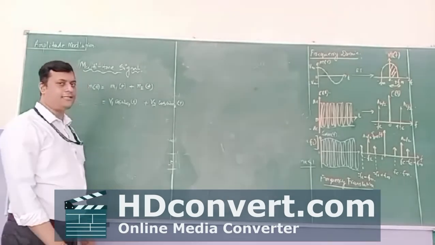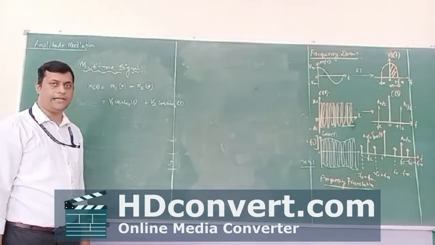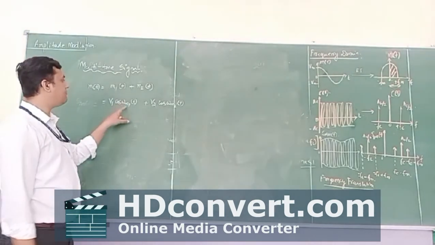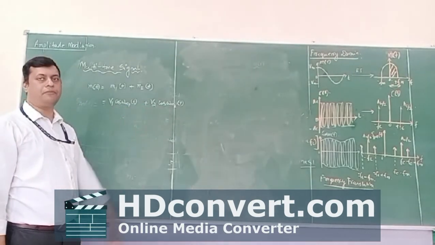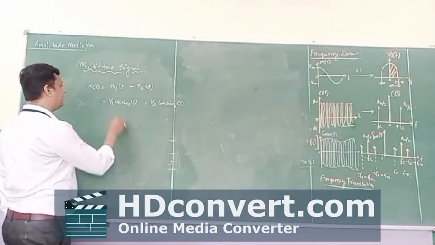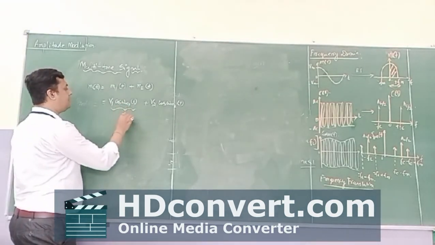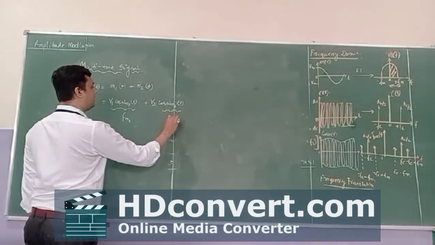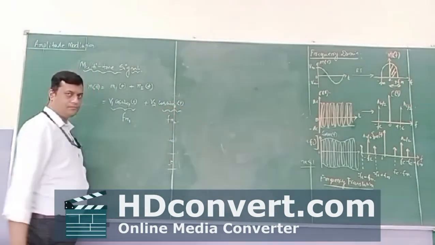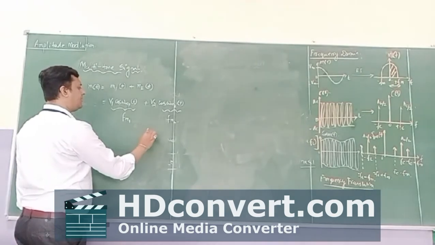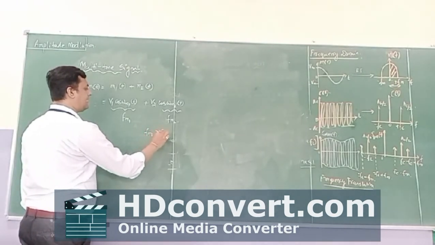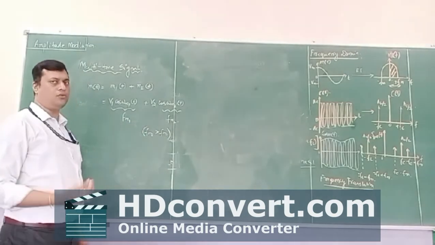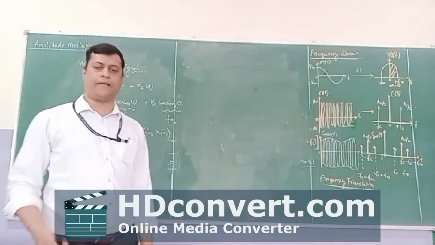So these are the two modulating signals. If it is more than one, it is called multi-tone. Here two different frequency components, m1 and m2, are available. For this we can consider fm1 and for this fm2, and fm2 is greater than fm1. Let us consider this also, because there are two different frequencies, they may not be the same.